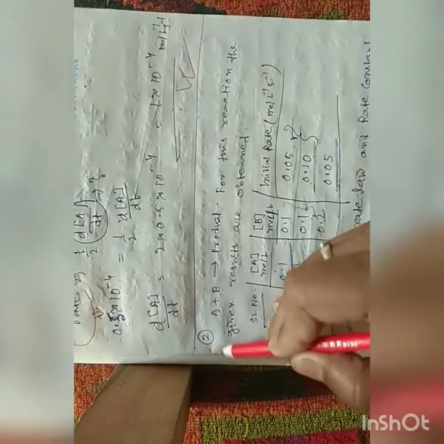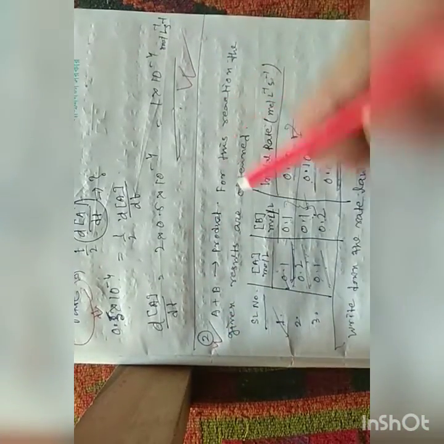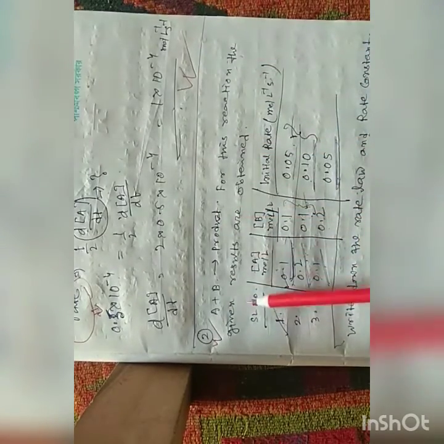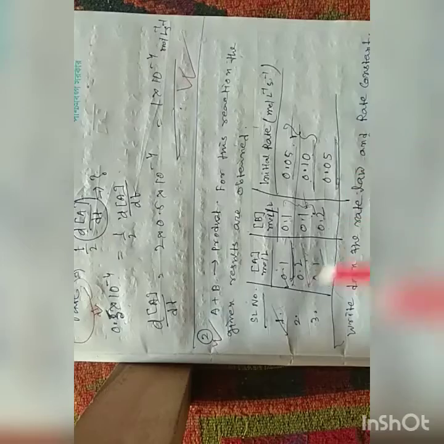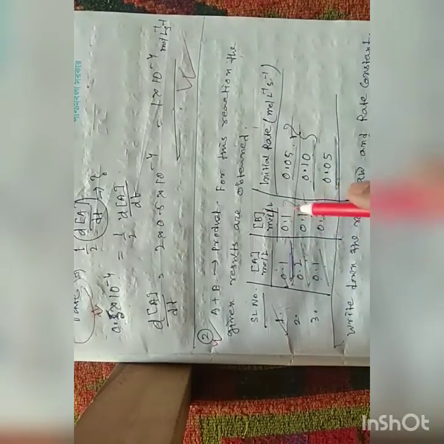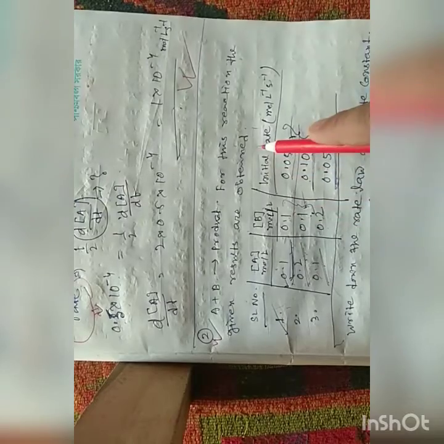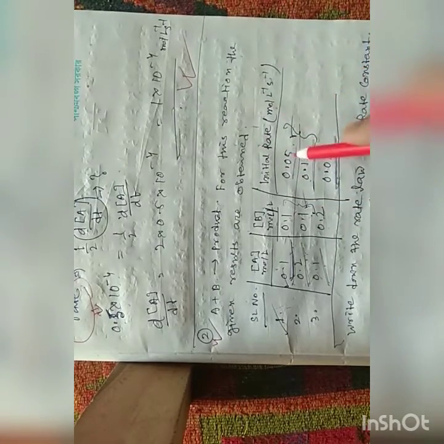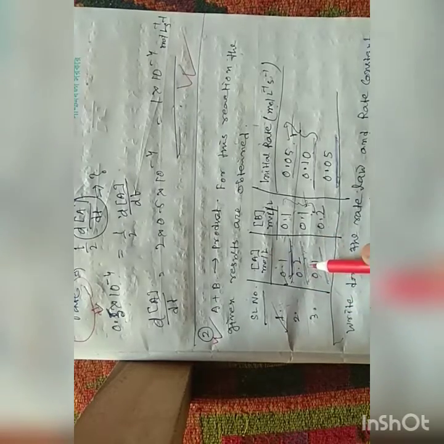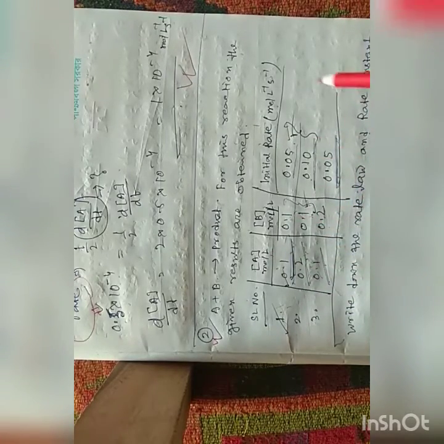Now the next question is like this. A + B → product. For this reaction, the given results are obtained. Concentration of A 0.1 mole, concentration of B 0.1 mole, initial rate of the reaction is 0.05, and so on.